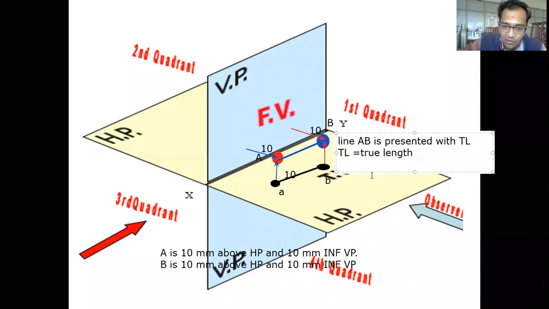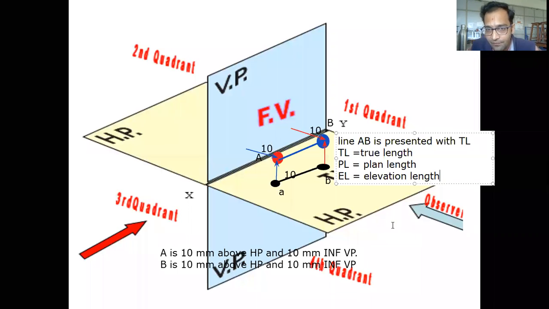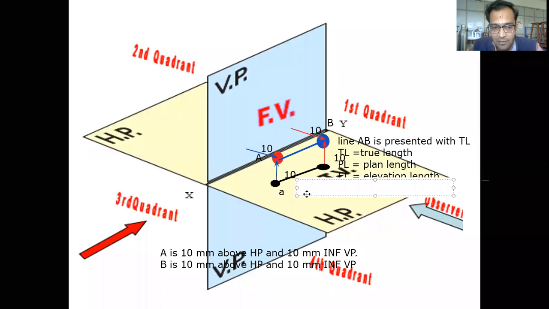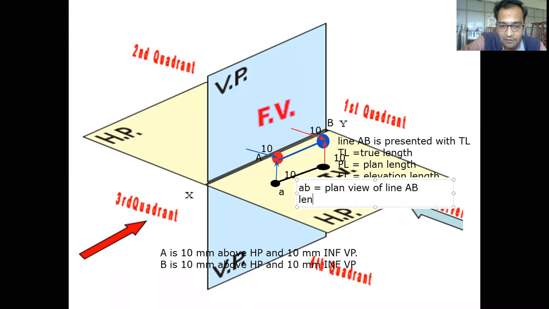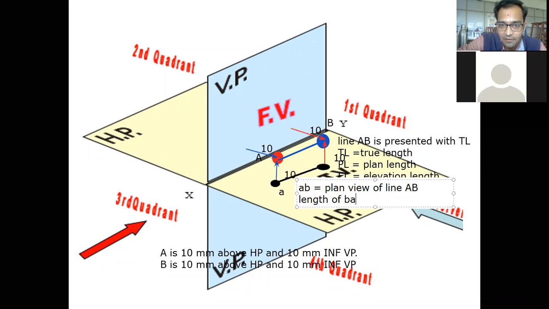The presentation in horizontal plane is going to be called plan length, and presentation on vertical plane is going to be called elevation length. So here as ab, what we see is nothing but the plan view of line AB, and the length of ab is nothing but the plan length of line AB.